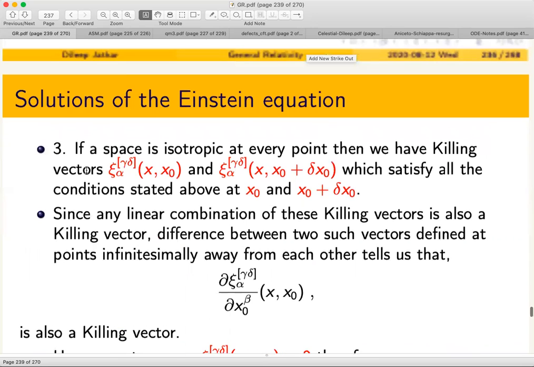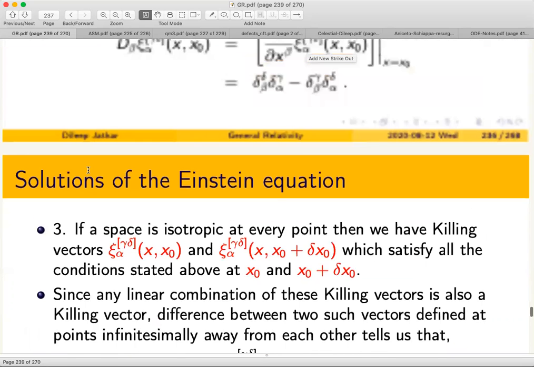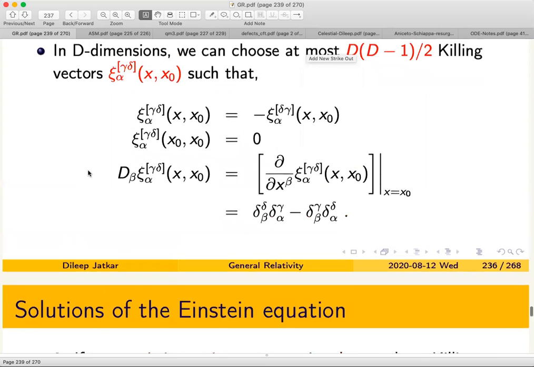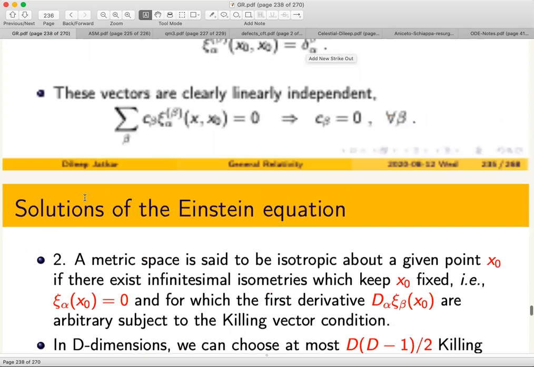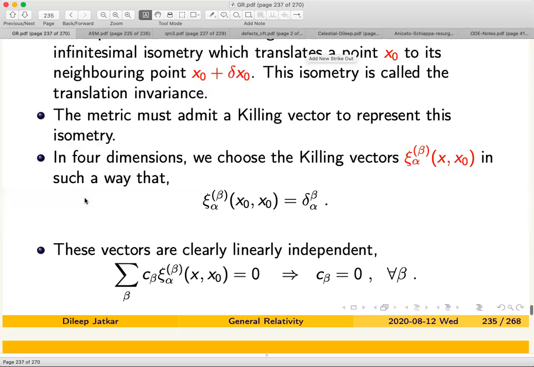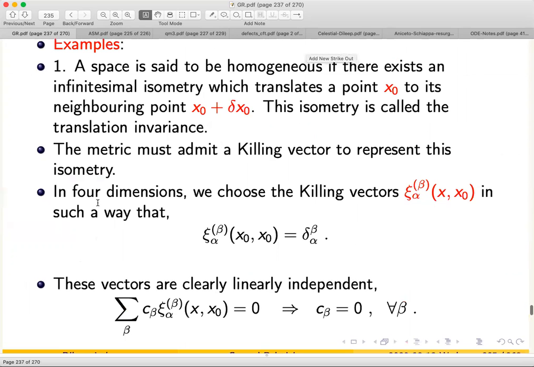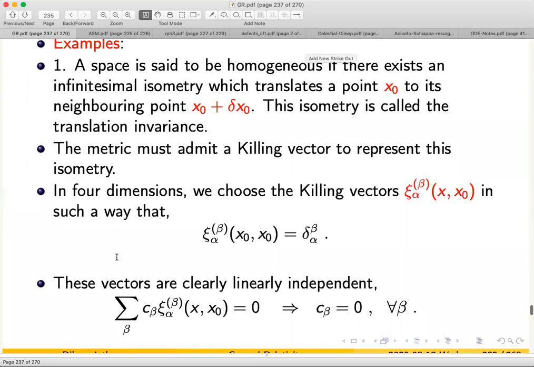And then we looked at certain class of killing vectors. For example, if the metric has translational invariance, then we showed that if the space has translational invariance, then you can always write down one metric in which you can see the translational invariance very easily.